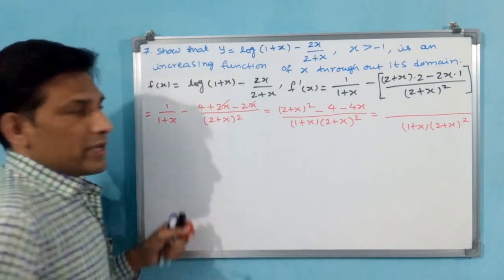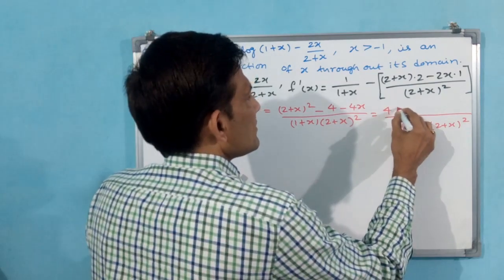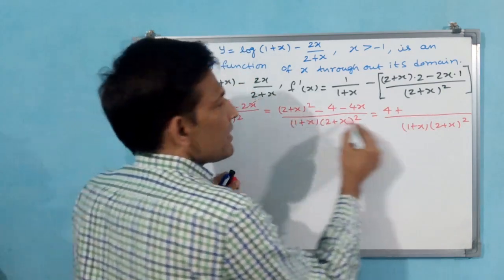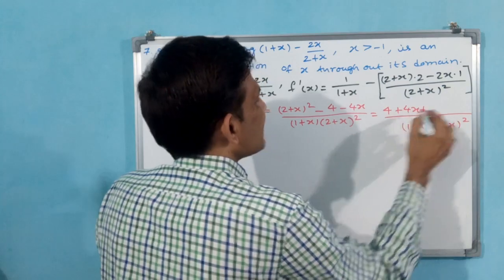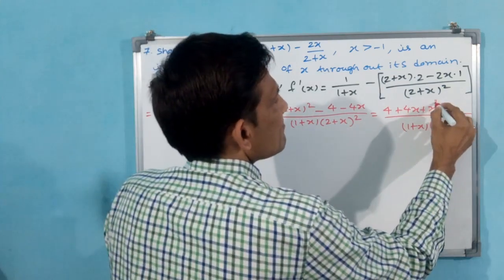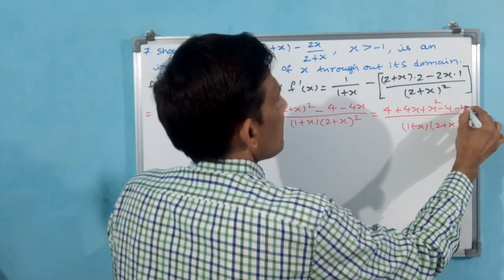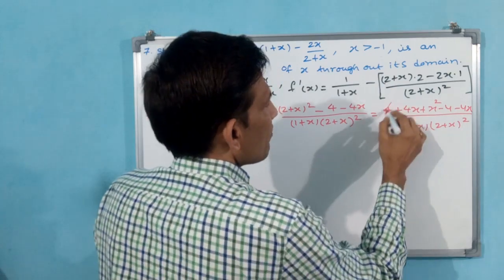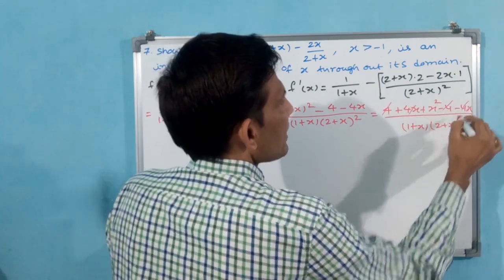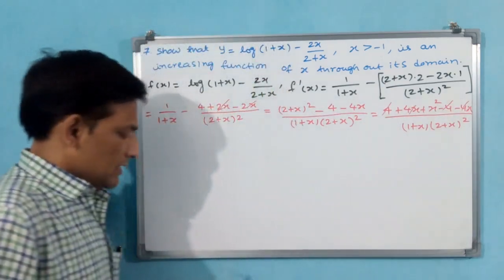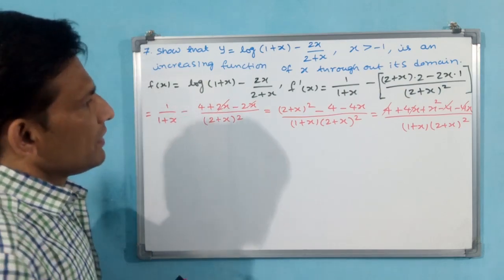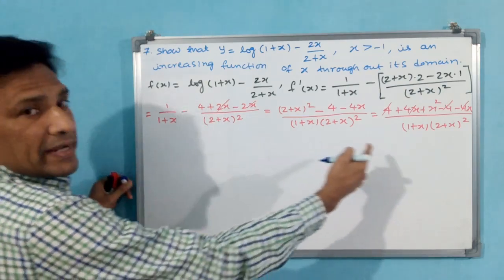But a plus b whole square is a square plus 2ab plus b square, minus 4 minus 4x. You see, plus 4 minus 4 plus 4x minus 4x got cancelled. Now you see what will happen. X square by, this will be final.